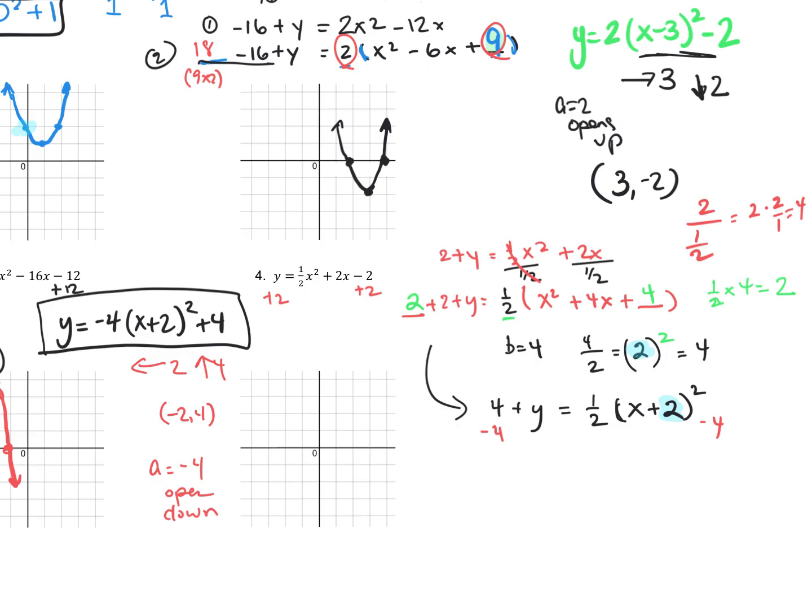Your final equation is y equals 1/2 x plus 2 quantity squared minus 4. So this tells me my vertex is at -2, -4. Because I am moving to the left 2, and I'm moving down 4. So moving over 2, 4.